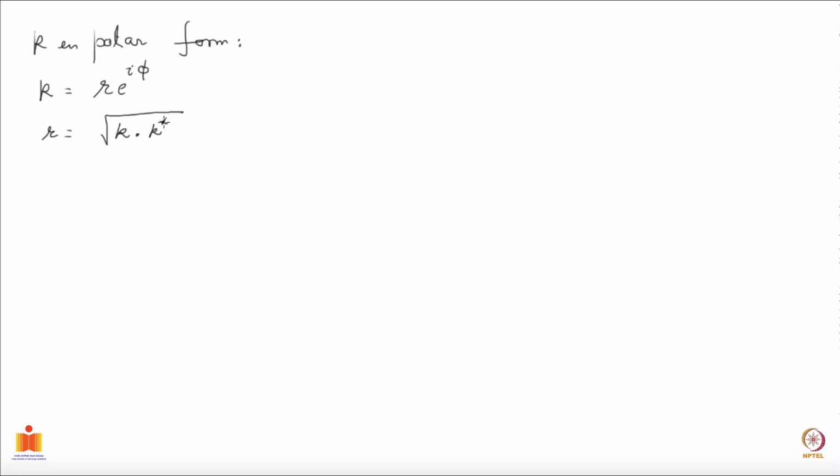Now, if you make the substitution, you are going to get the following: r equals f over the square root of (omega square minus gamma square) whole square plus lambda square gamma square, the entire thing in the square root.